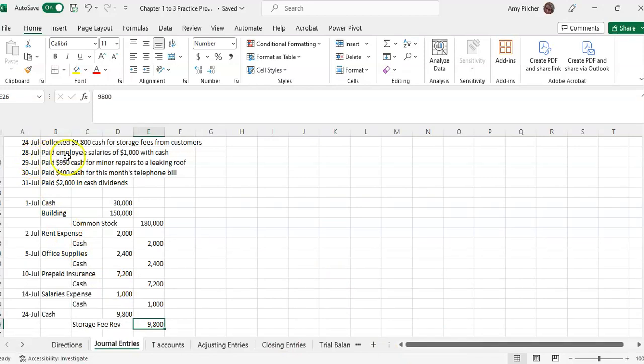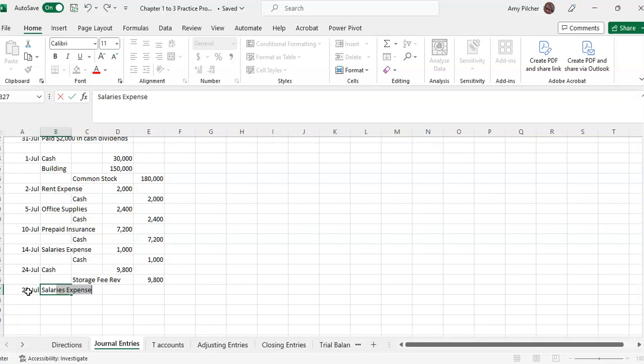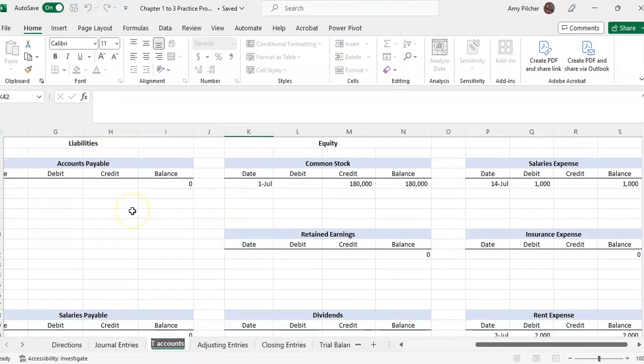Now we're to July 28th, where we paid employee salaries again. So that is going to be the exact same entry as our July 14th salary payment, with a debit to salaries expense of $1,000 and a credit to cash of $1,000. We record July 28th.